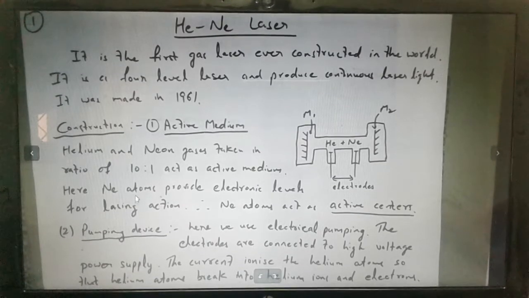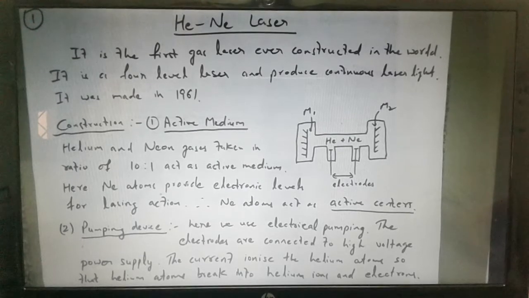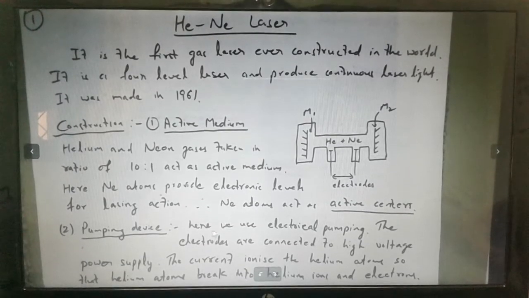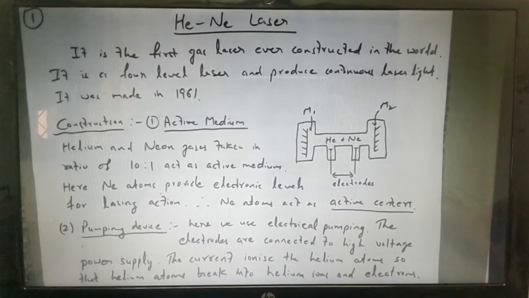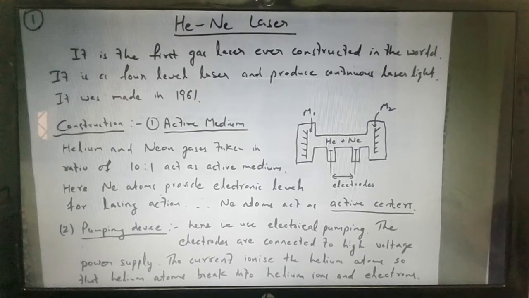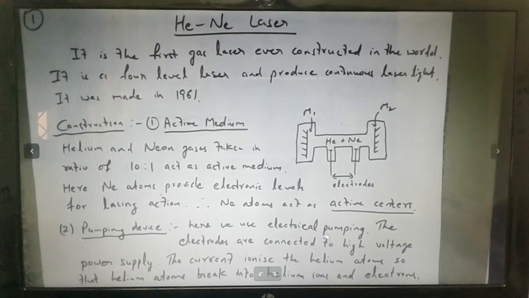Second component is the pumping device. Here in the helium neon laser we use electrical pumping. As you know, ruby and neodymium YAG lasers were solid state lasers and we used optical pumping, but here in gas lasers we use electrical pumping.